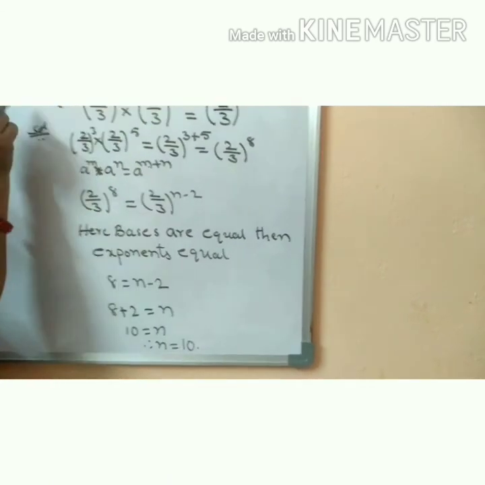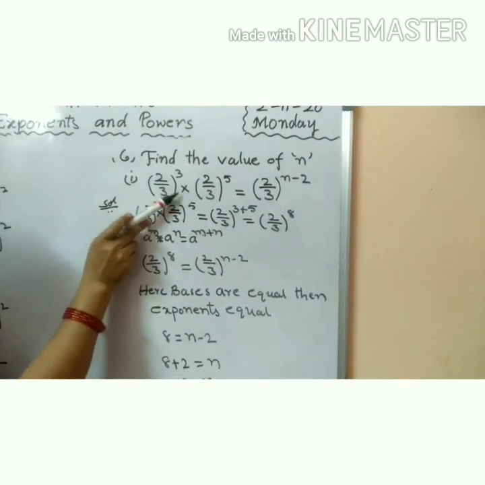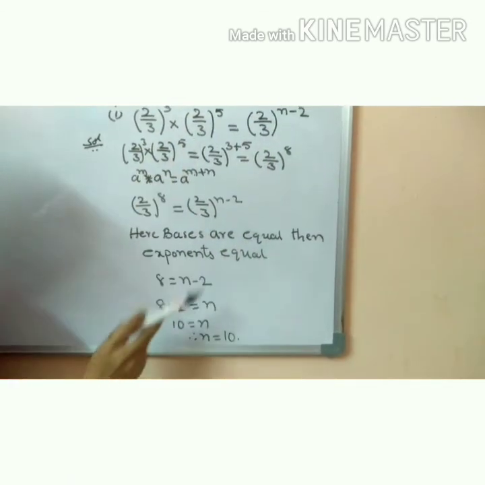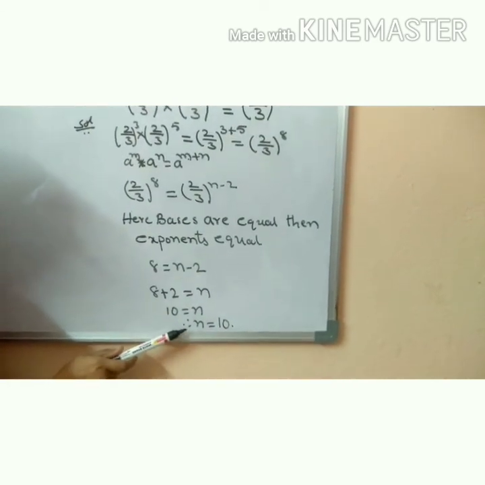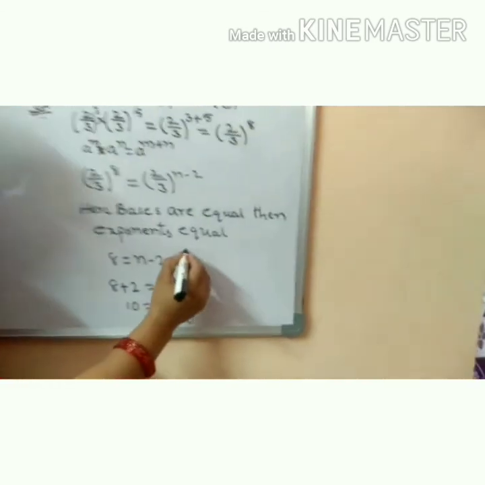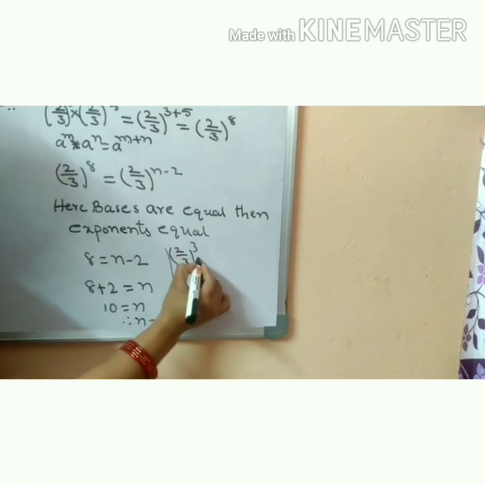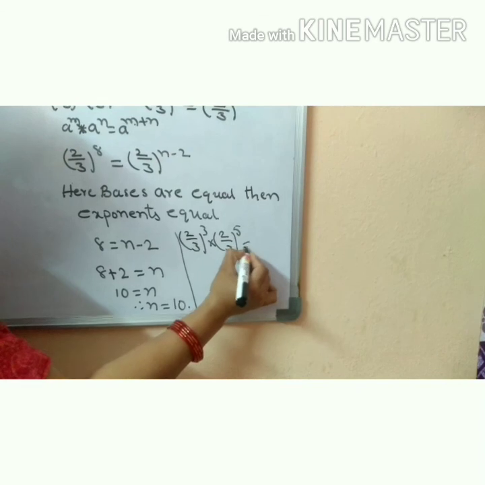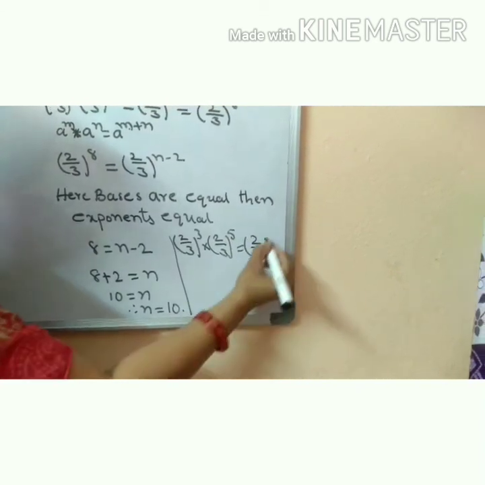Okay. Here the sixth question, find the value of n. In this case (2/3) whole cube into (2/3) whole power 5 is equal to (2/3) whole power n minus 2.